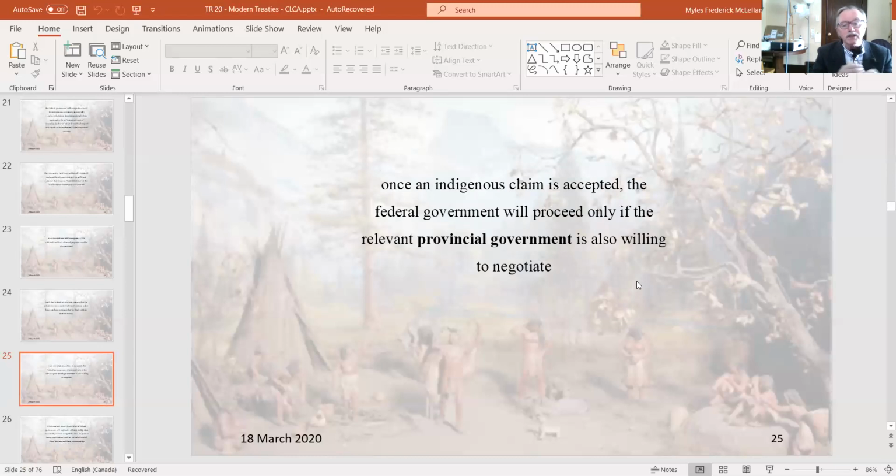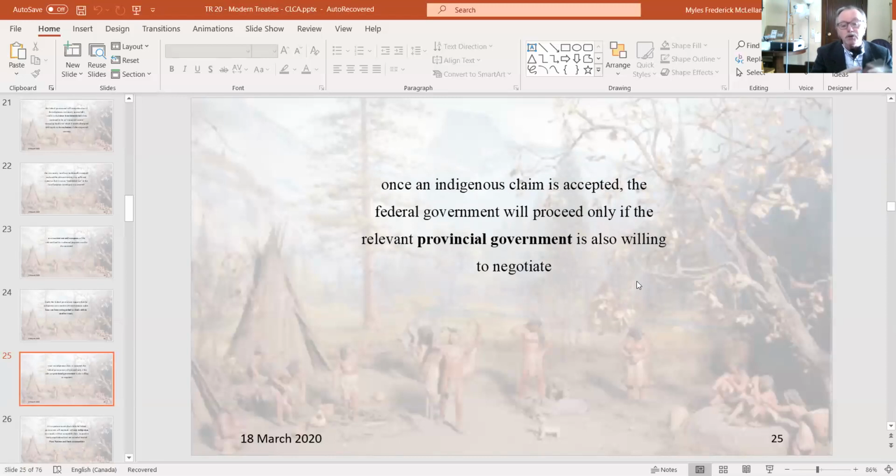So once an Indigenous claim is accepted, the federal government then brings into the process the relevant provincial government in which the modern treaty is being asserted. So obviously if it's in Ontario, it's the Ontario government. As you can appreciate, most of these again take place in the province of British Columbia, which didn't recognize Indigenous claims to treaties in the historic process prior to 1975.